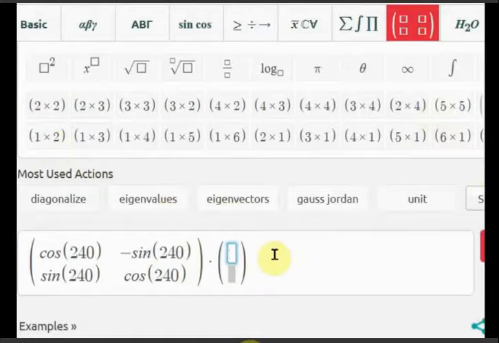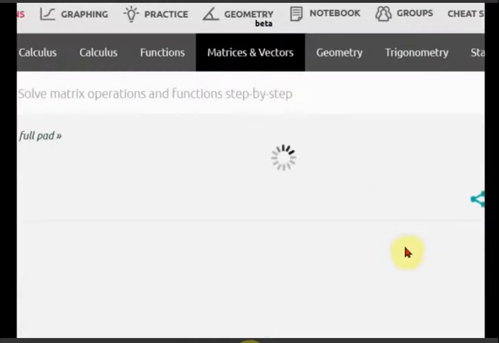Yes, and then we have 2 times 0, and then we can do the calculation.